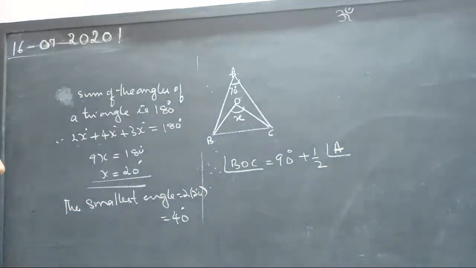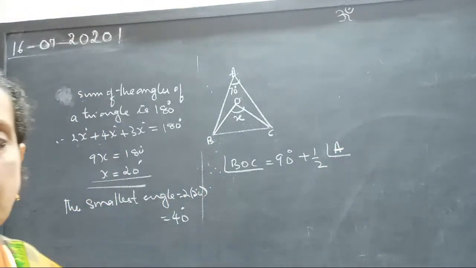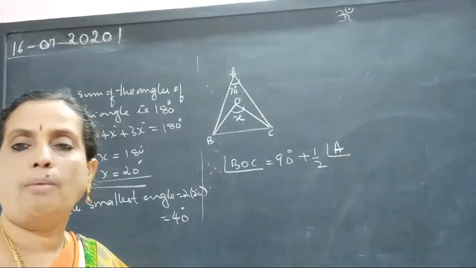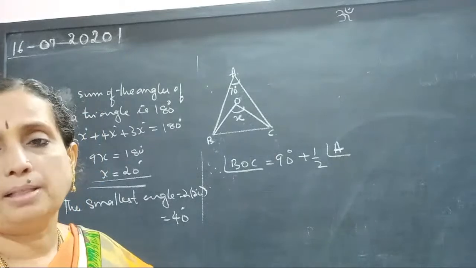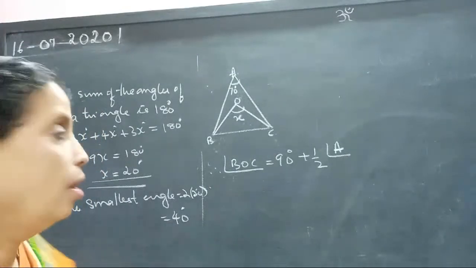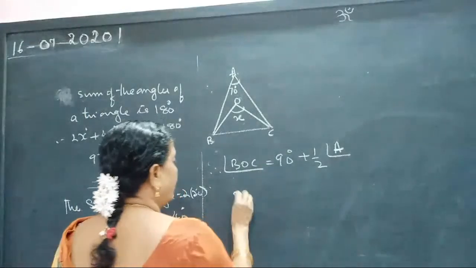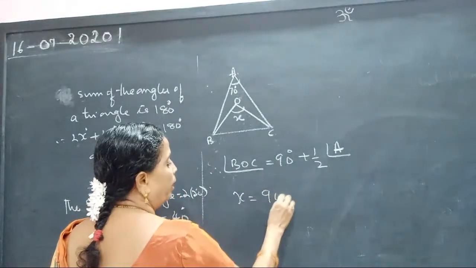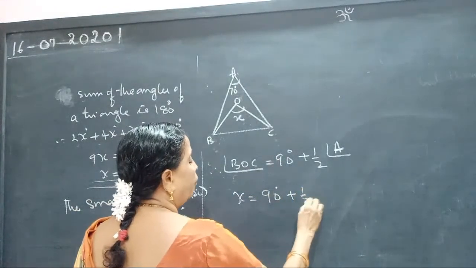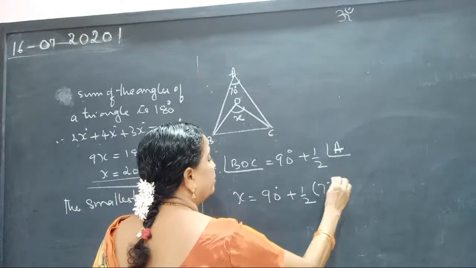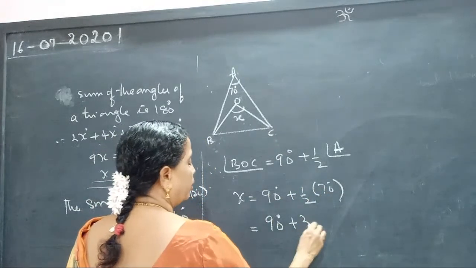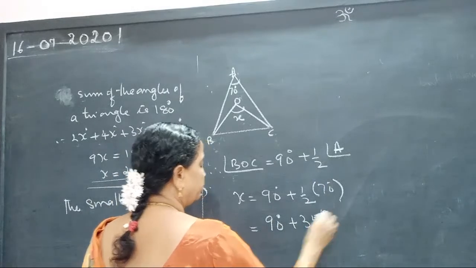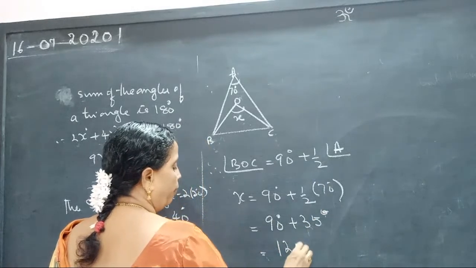When the bisectors of base angles intersect, the angle so formed is equal to 90 degree plus half of the vertex angle. So as per condition, x value equals 90 degree plus half of 70 degree. That is 90 degree plus 35 degree, 125 degree.